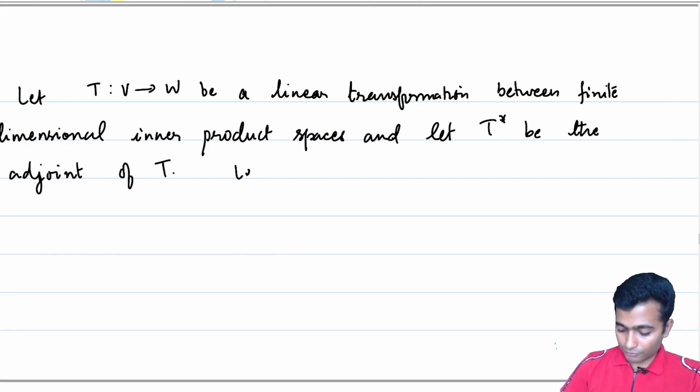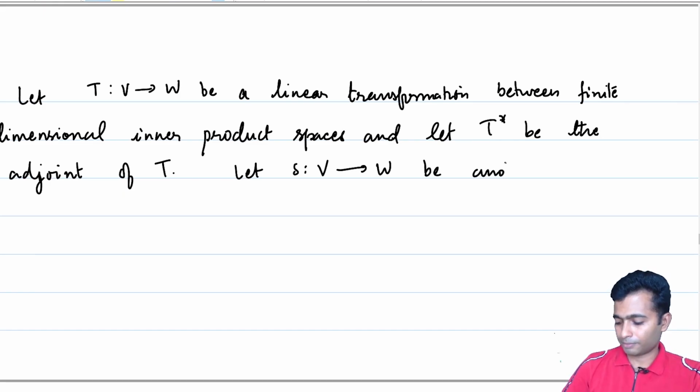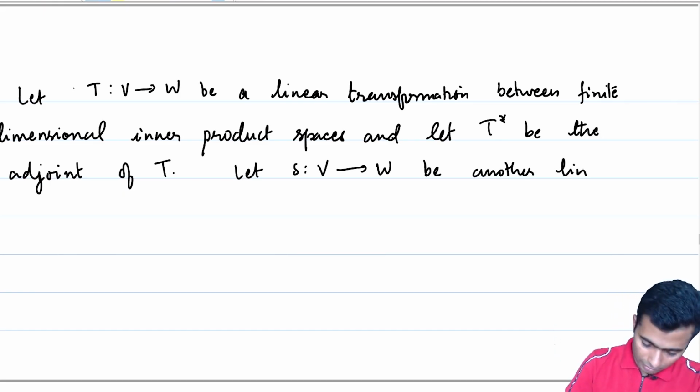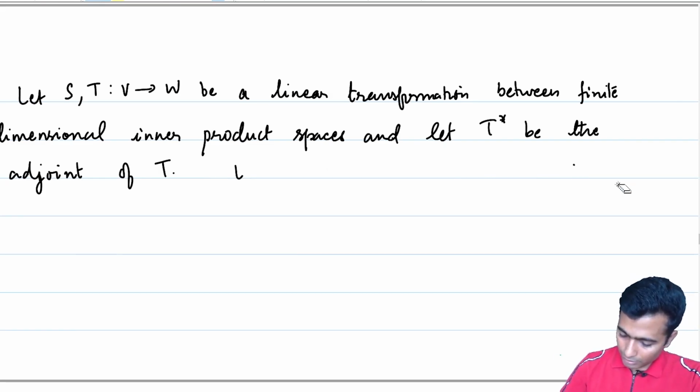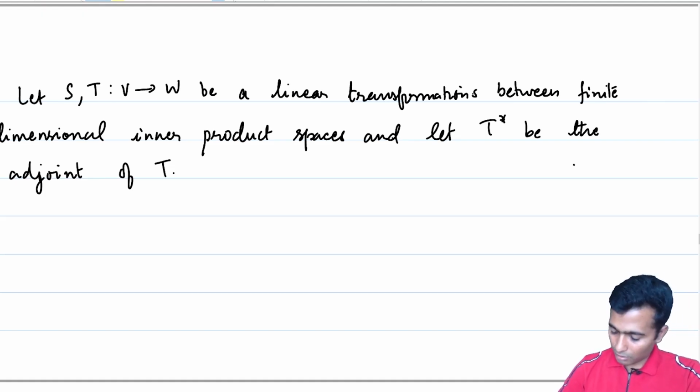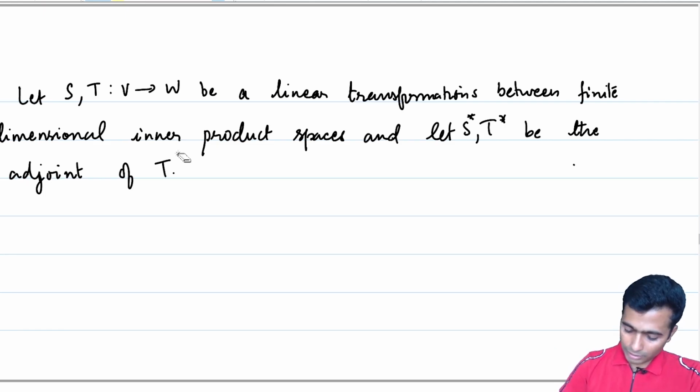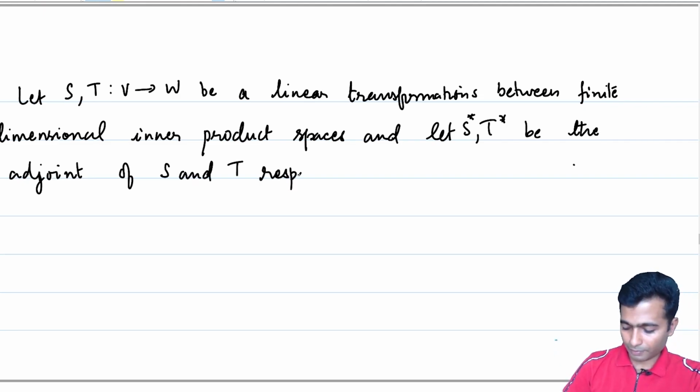Let S from V to W be another linear transformation. Maybe I should have written here, let S comma T from V to W be linear transformations between finite dimensional inner product spaces, and let S star comma T star be the adjoint of S and T respectively.